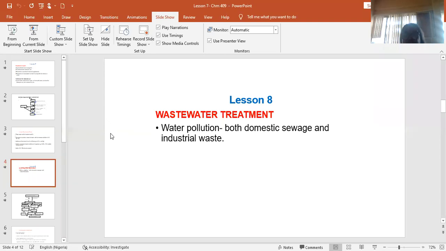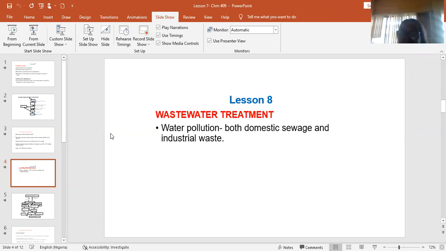But I will now go further to tell you where the industrial waste eventually stops, because we have what we call the pre-treatment, the primary treatment, the secondary treatment, and the tertiary treatment. For your domestic sewage, by the time you have done secondary treatment, you have treated properly.